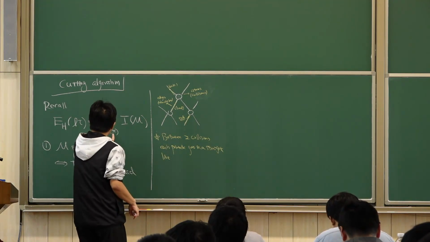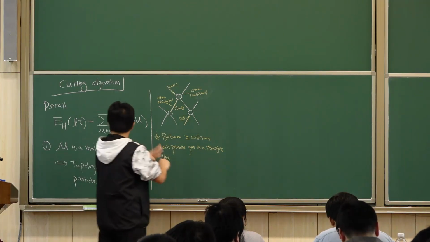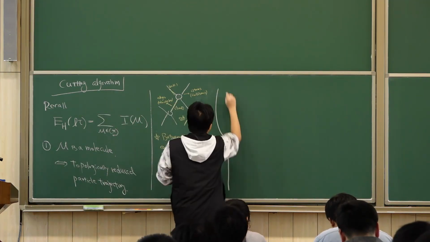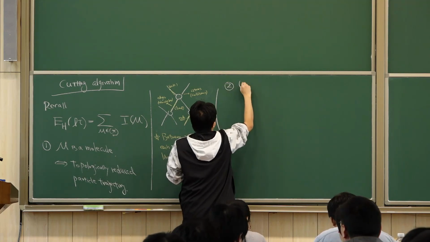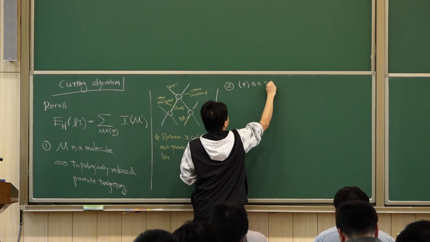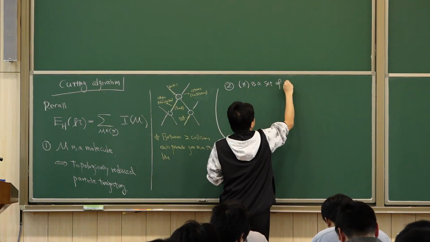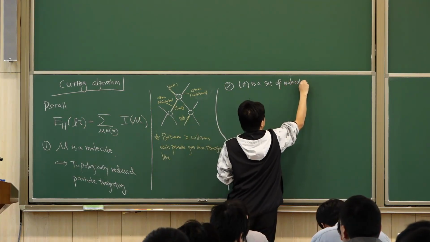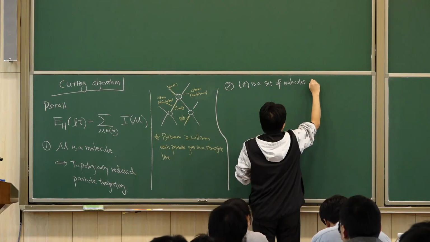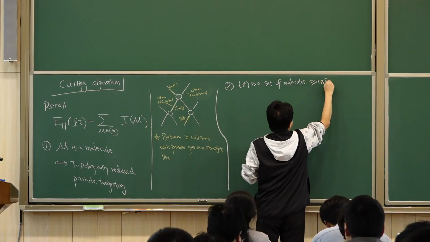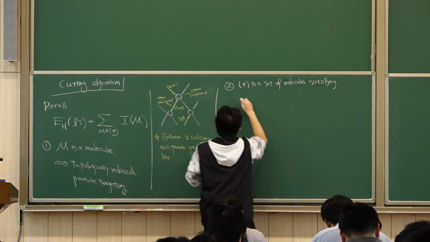Now this is M, and what is star? Star is a set of molecules satisfying the following properties.